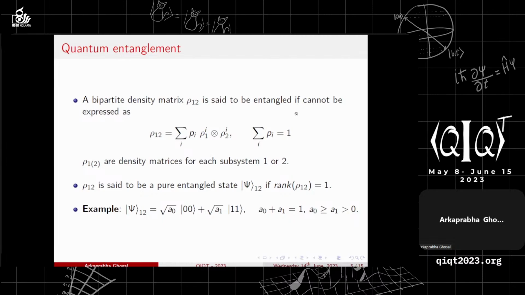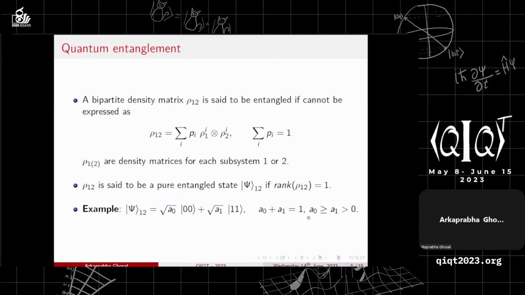This is known as the separable form, which is nothing but classically mixing separable states, where rho 1 and rho 2 are individual density matrices. This state is said to be pure entangled if this bipartite density matrix has unit rank. For example, this particular state is a pure entangled state as long as these two conditions are satisfied.